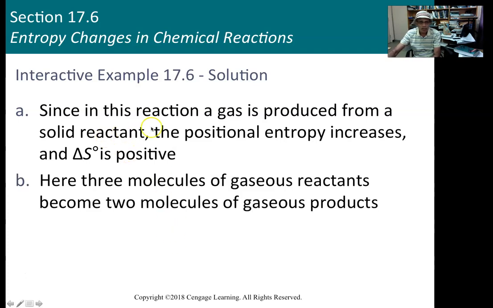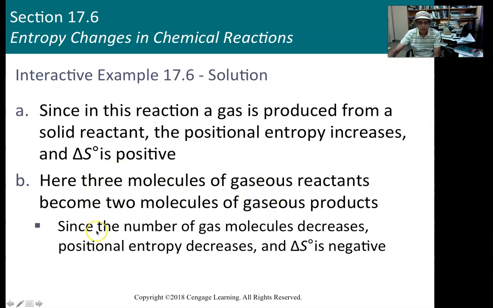So in A, since a gas is produced from the solid reactant, the positional entropy increases. So delta S is positive. Here the 3 molecules of gas reactants become 2 molecules. So the positional entropy decreases, and delta S should be negative.